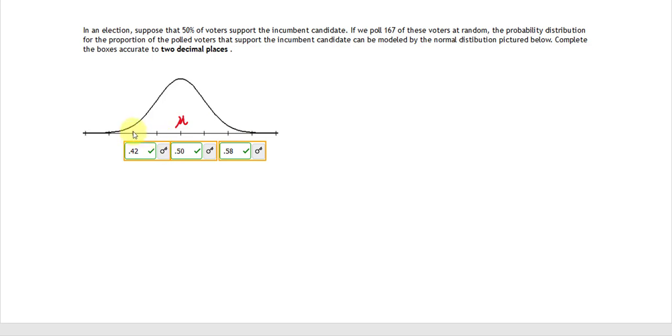Now we are looking for this value, and this value, and this value. Okay, so again, this is the problem for the central limit theorem for proportion, and again, the mean of all the sample proportions is approaching the population proportion.